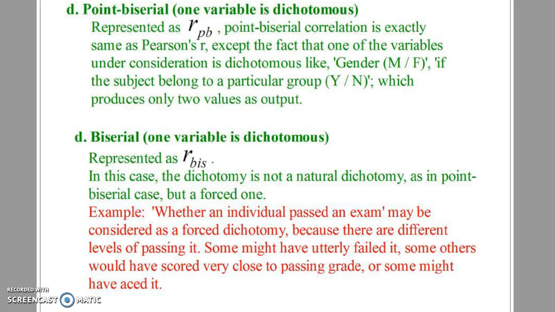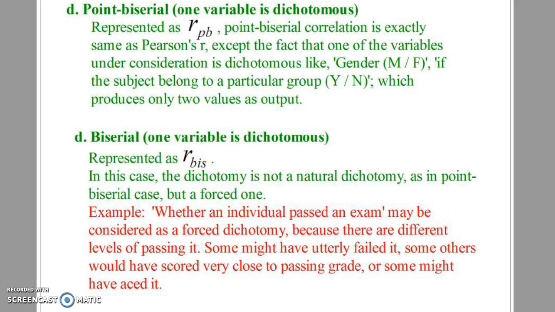So that is where the big difference occurs, and it is symbolized by r. If you only see an r, that is a Pearson's correlation. But if it has a subscript of pb, that is point biserial, and then bis is biserial.